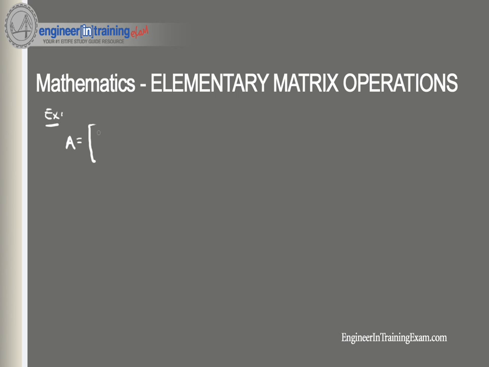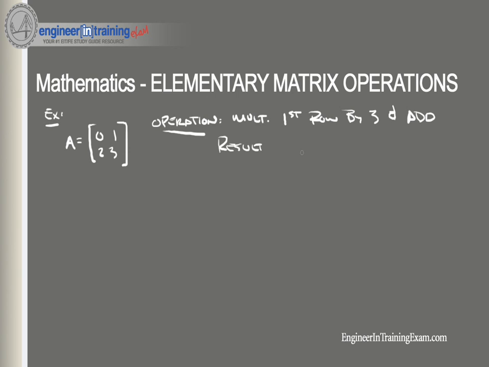Say we want to multiply each element in the first row by 3 and add that result to the second row of A. So that's the operation we want to complete on matrix A.